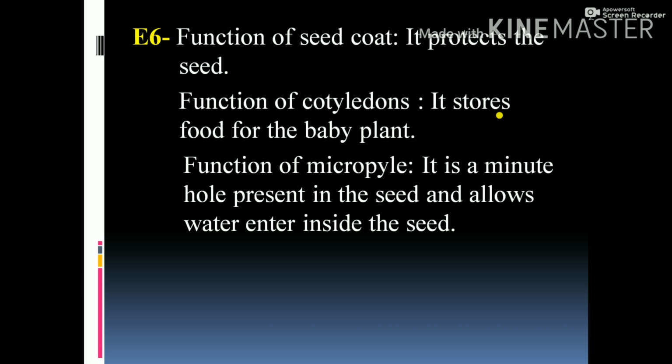Number 6, function of seed coat: it protects the seed. Function of cotyledons: it stores food for the baby plant. Function of micropyle: it is a minute hole present in the seed and allows water to enter inside the seed.